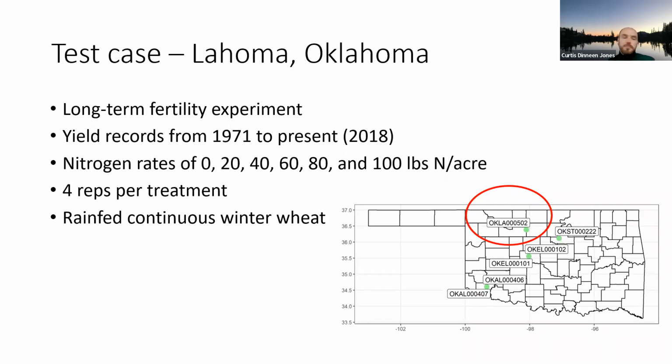They're running a fertility experiment. There are more treatments than just this, but we were interested in fixing everything else and looking at the nitrogen rate responses from 0 to 100 pounds of N per acre. It's grain-fed continuous wheat, so a pretty nice data set.